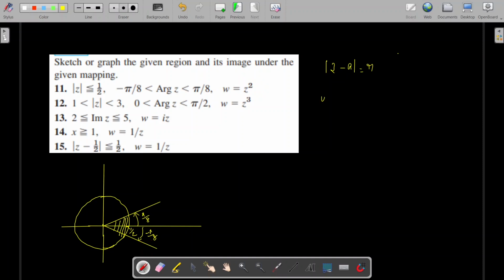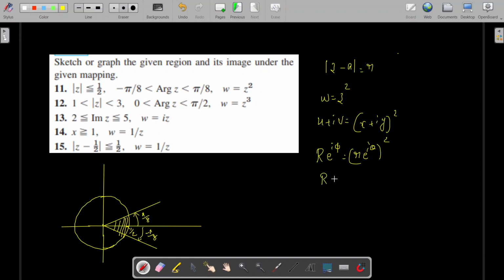So w equal to z square means u plus iv equals x plus iy whole square. Or you may consider this as R e raised to i phi, a complex number representing w, and this is equal to small r e raised to i theta whole square, that is z square.